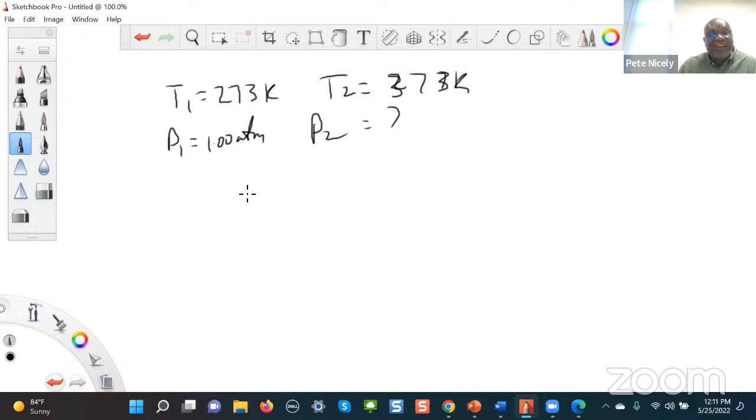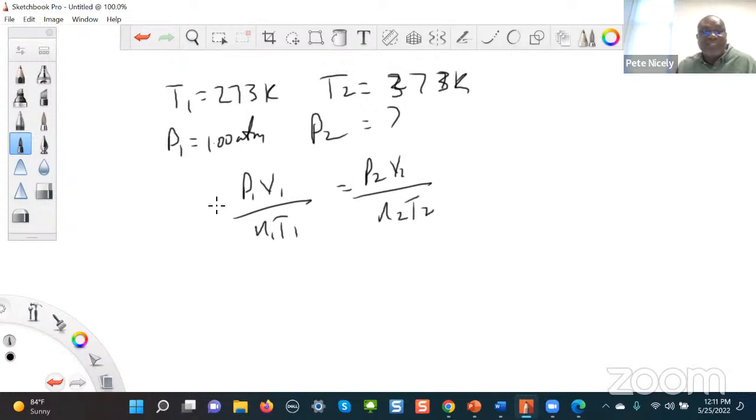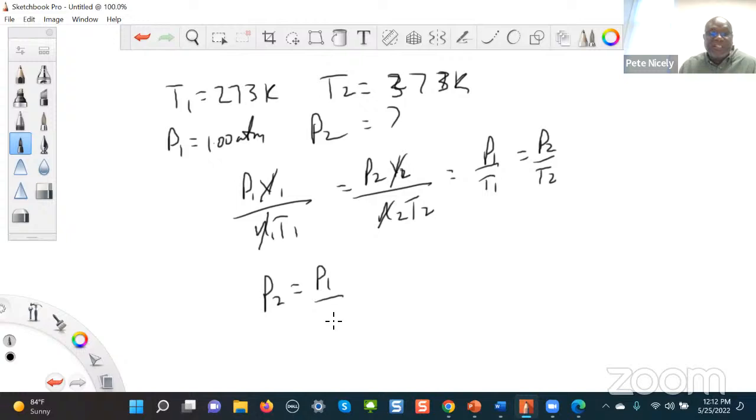So the combined gas law is P1V1 over N1T1, which is equal to P2V2 over N2T2. Now the thing is that the volume is the same, so V1 and V2 will cancel out, and the amount of gas will be the same, so N1 and N2 will cancel out. So therefore, this would be simplified to P1 over T1 is equal to P2 over T2. And then to solve for P2, that would be equal to P1 over T1 times T2.